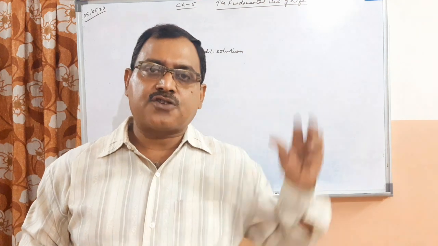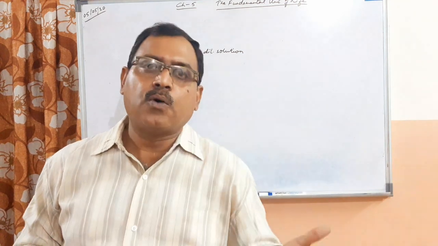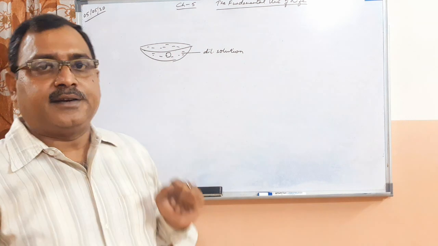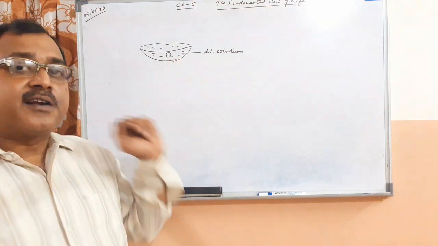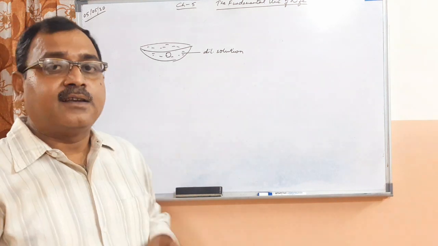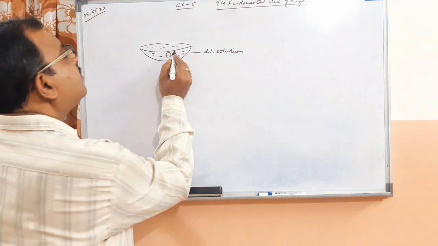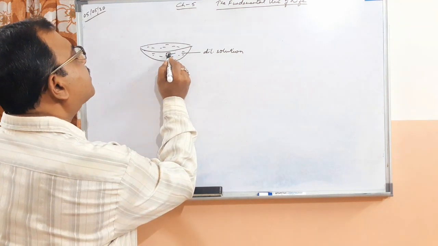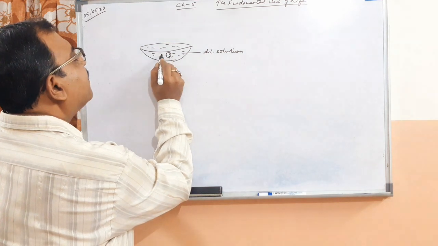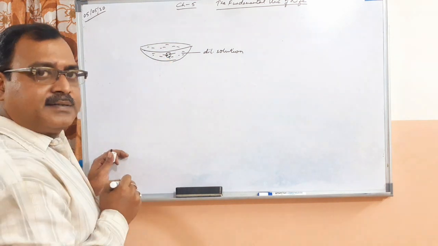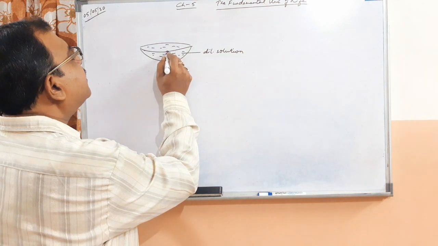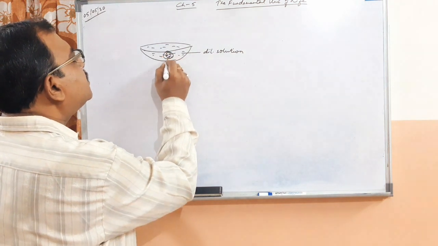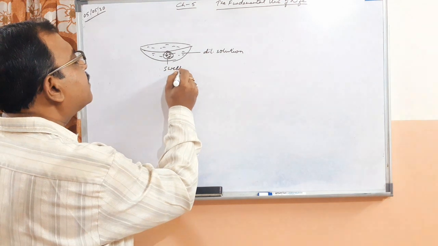The salt concentration inside the cell is more than that of outside. In this case, what will happen? That means outside more water is there than inside the cell. So water will start moving inside the cell. As a result, the size of the cell will increase. Means swelling of the cell will occur.